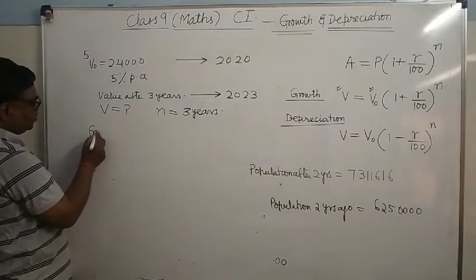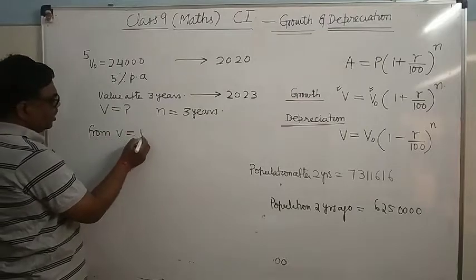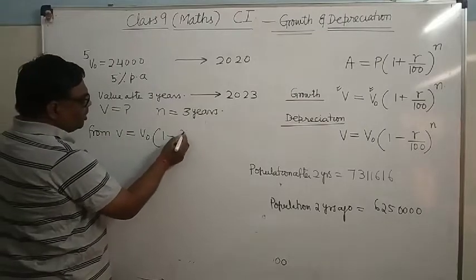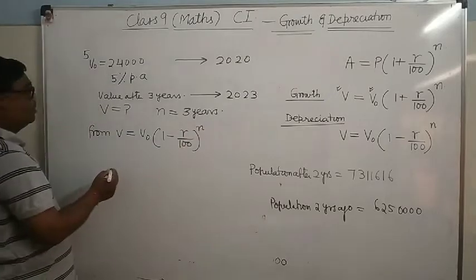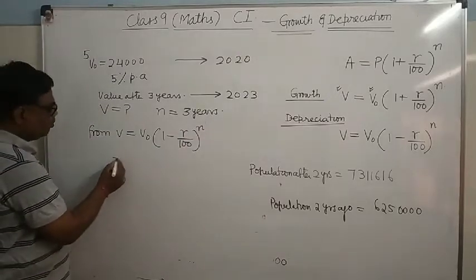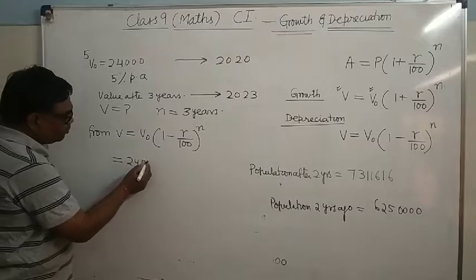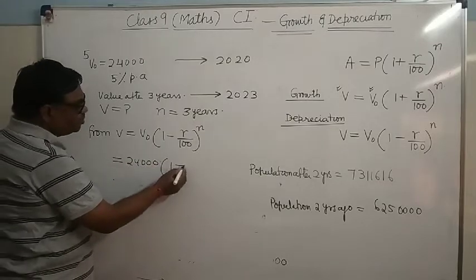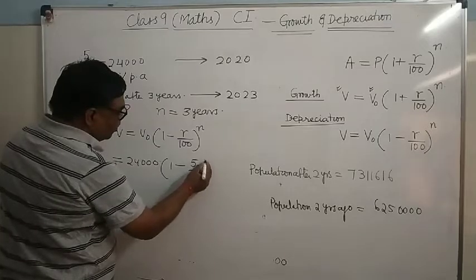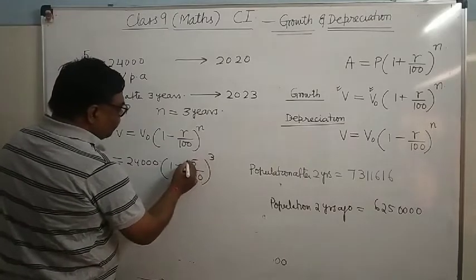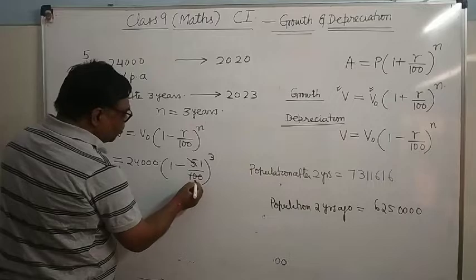So now it is clear or not? V equals V naught into 1 minus R upon 100 whole to the power N. So V equals to V naught 24,000, R is 5 upon 100 whole to the power 3. Simplify. 5 1 ja 5, 20.